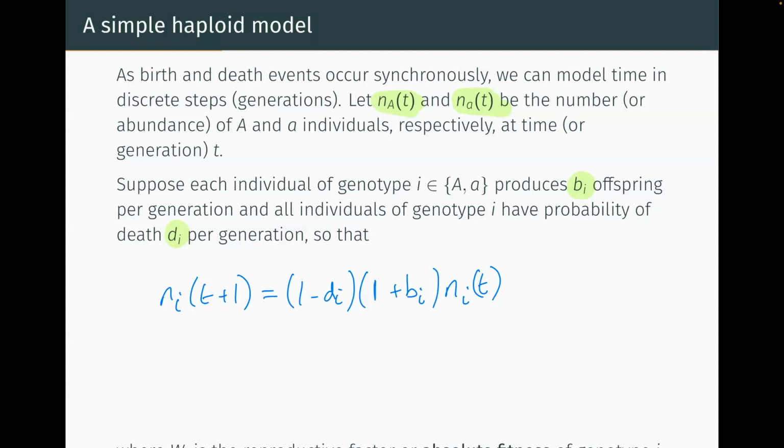Here it says that the genotype I produces B sub I offspring, so it's like the counts, not the rate, but here we're multiplying by N, so we're treating it as the rate. Well, because we're doing these discrete generations, you can think of this as a reproduction factor as opposed to a rate. Sometimes it depends on the textbook that you look at.